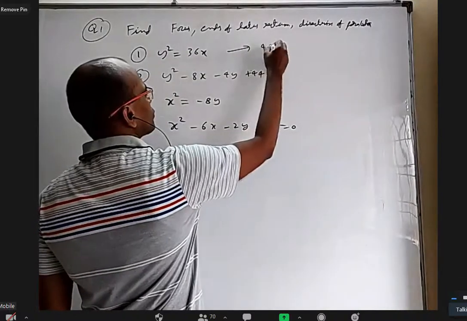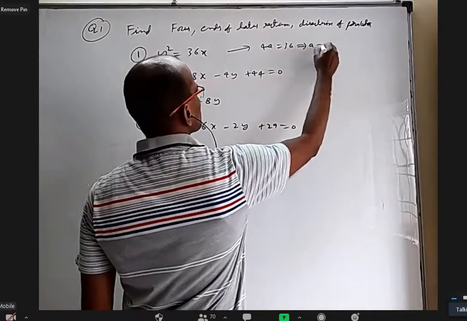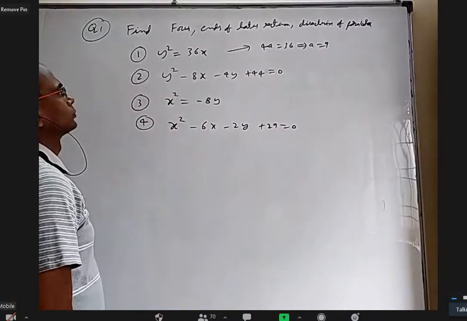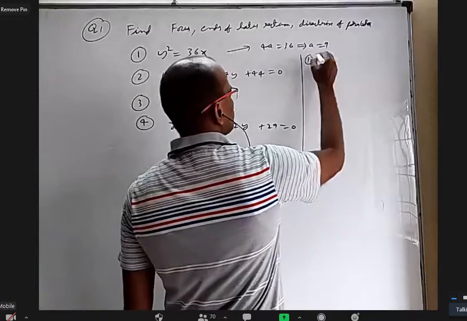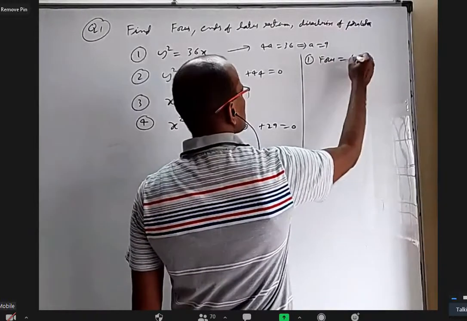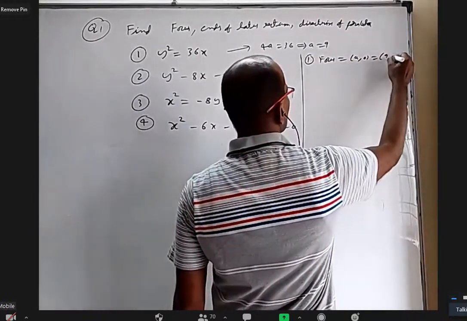So here 4a equal to 36, so a is equal to 9. First one, the focus is a comma 0, so 9 comma 0.